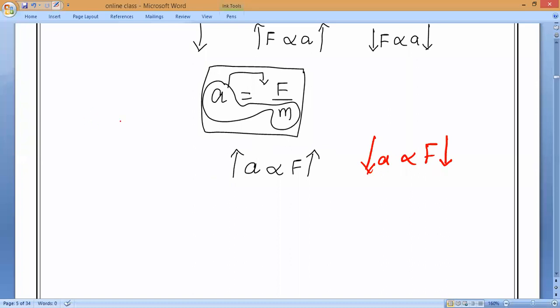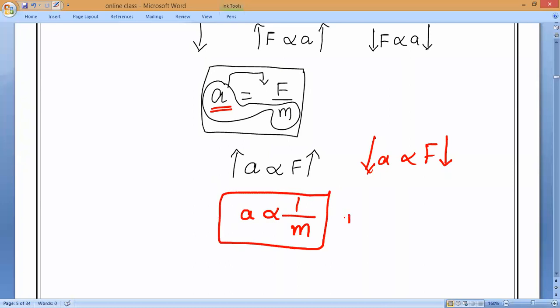Now, what is the relationship between acceleration and mass? Both are inversely proportional to each other. Please remember that. Why is it inversely proportional? Because mass is in division and you can see A is up.